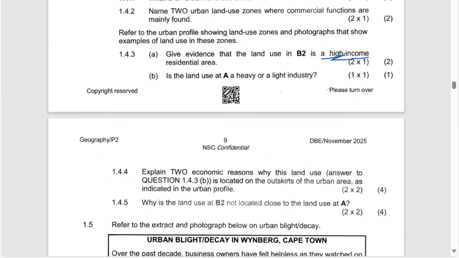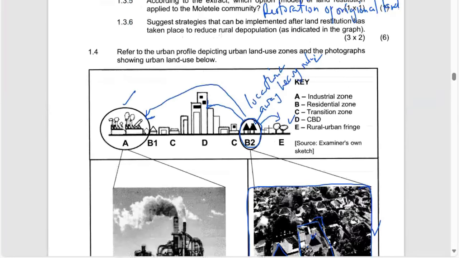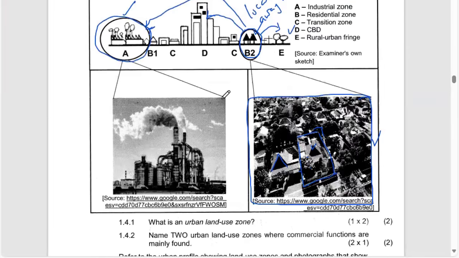Then, is the land use at A heavy or light industry? We're also analyzing this. For us to find justification whether it's heavy or light, we also use this to find a clue. By merely looking at this, we see that there is evidence of air pollution here.